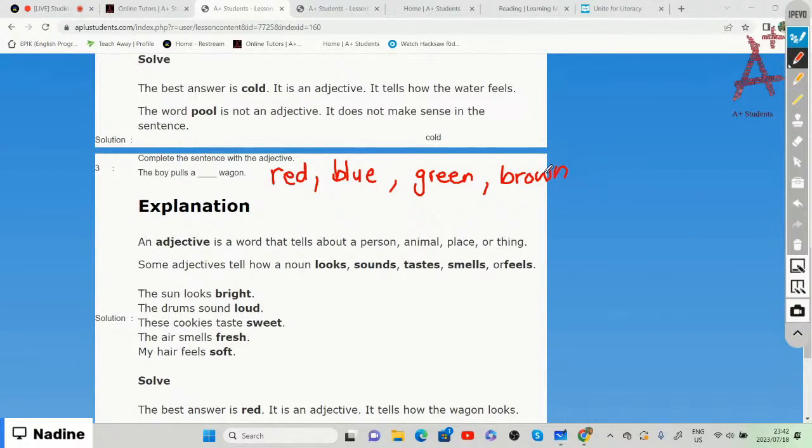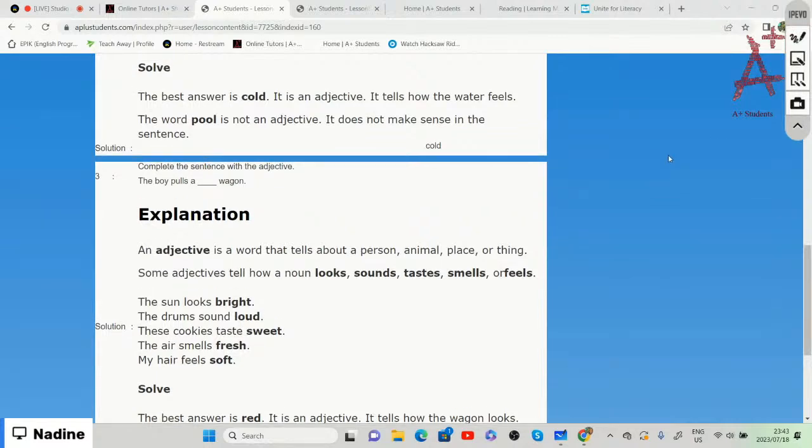So over here, we are describing this wagon specifically in color. If we were to choose a best possible answer, we can choose the red wagon, or basically any word that best describes the wagon, as long as it is an adjective that describes a person, a place, an animal, or a thing.